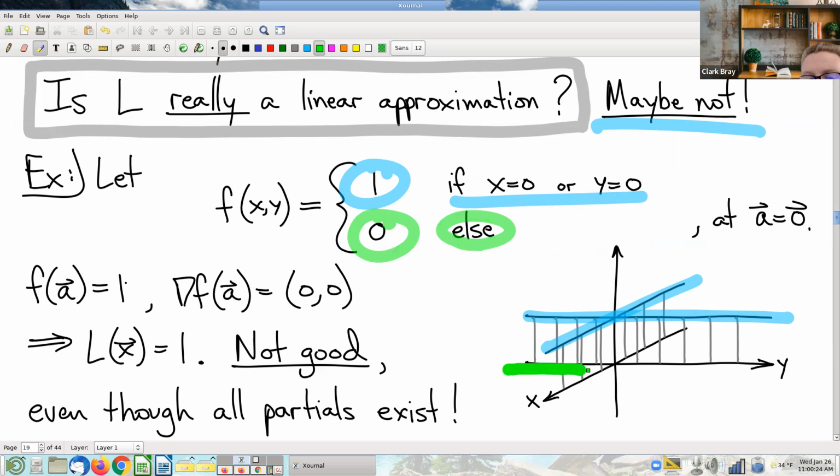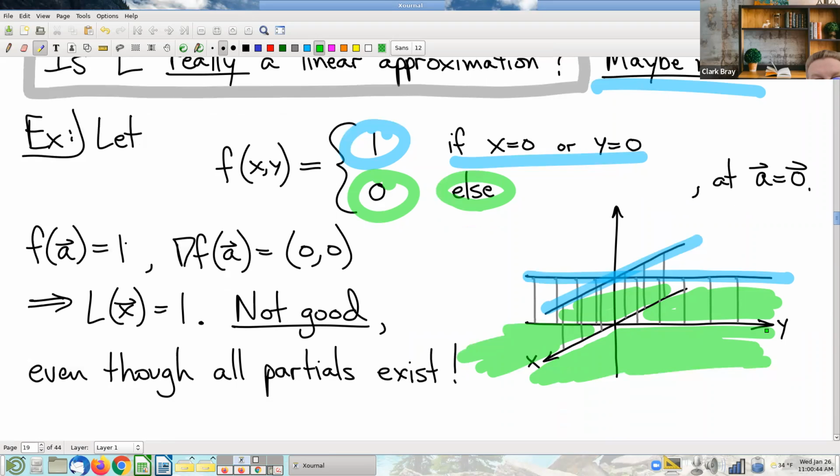So over here it's 0, and over here it's 0, etc. So it's 0 everywhere except for on the axes. Weird, but legal. Now that function, if you do the linear approximation, the linear approximation is based on what's the value at the origin? Well, 1. What are the partial derivatives? No problem. The partial derivatives are both 0.